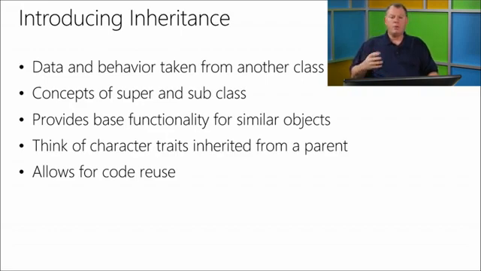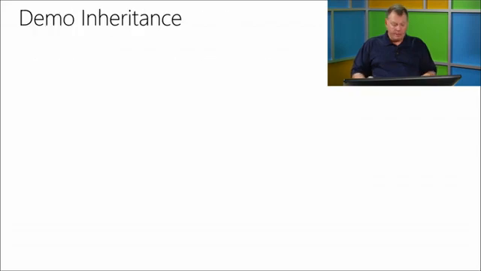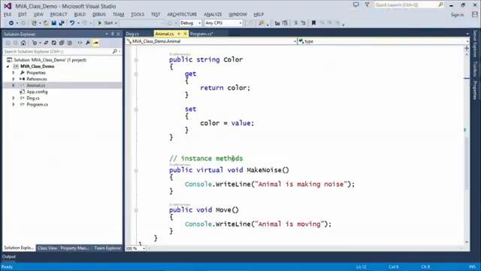So they have common traits, and this is where inheritance comes into play, in that we create that base class or superclass with the common aspects, functionality and attributes, and then we can reuse those in our other classes that become subclasses, and we don't have to write that code again. We'll see that in the example here in just a minute when we talk about demonstrating how we do inheritance within the code itself. So, having said that, let's look at what inheritance looks like in the code.